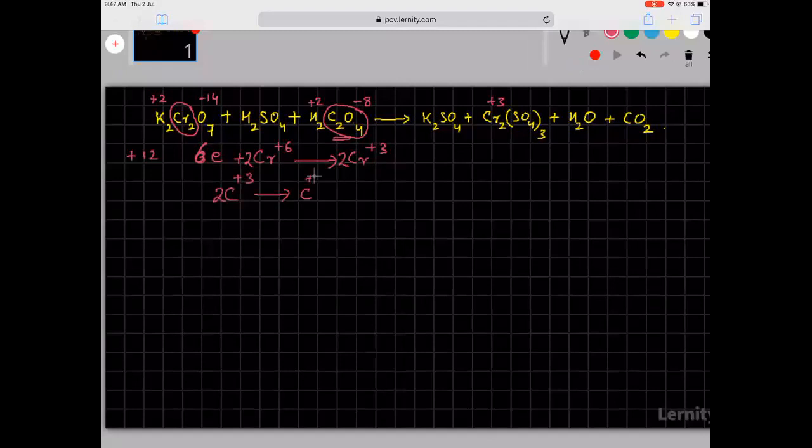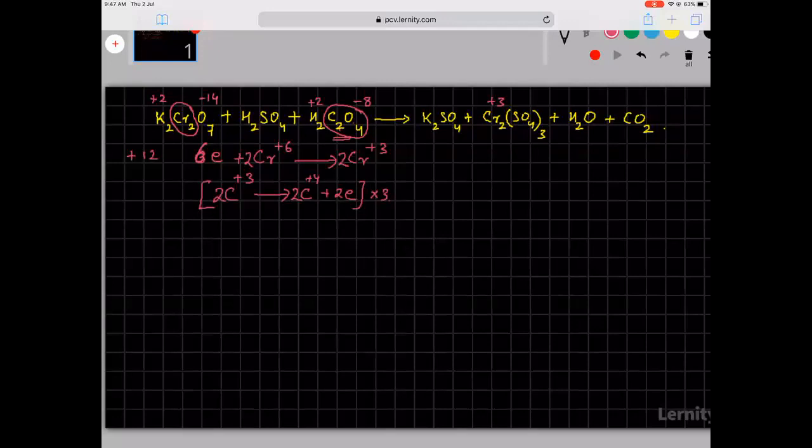This can happen definitely by giving 2 electrons, because there is C2 here, I put 2C here. Okay, so now there are 2 electrons, but here 6 electrons are being taken, so there has to be 3 of these taking place. Yeah, so now I am good to balance.